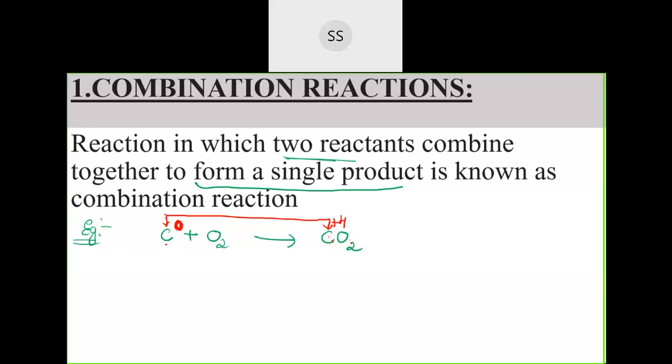So what reaction is this? From 0 to plus 4, there is increase in oxidation number. Increase in oxidation number is what, students? Oxidation. Yeah, correct. Good. Oxidation.